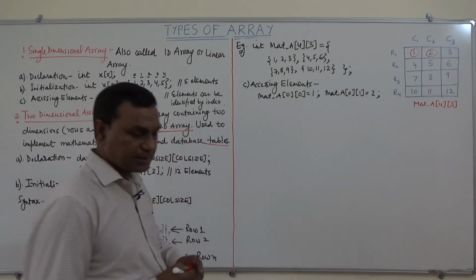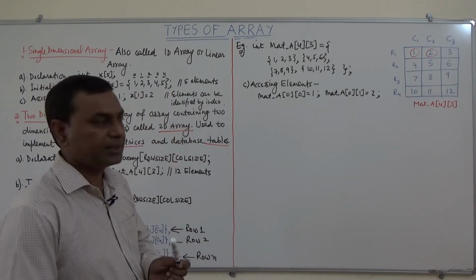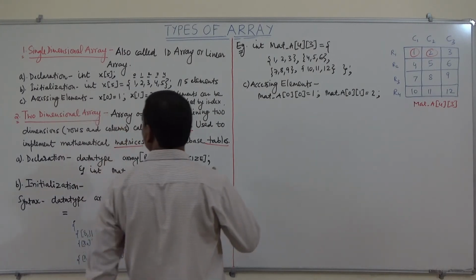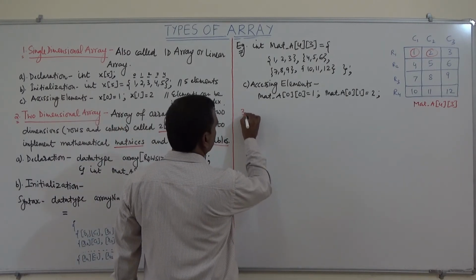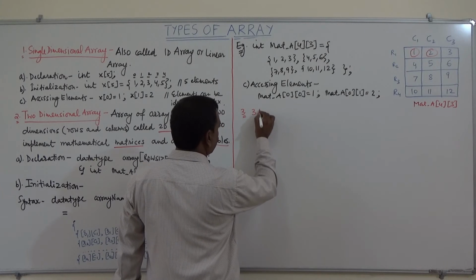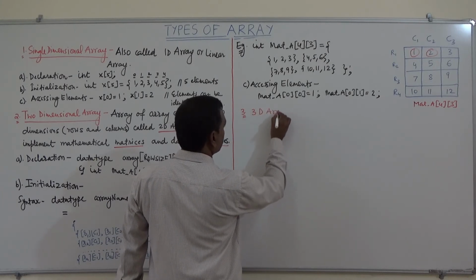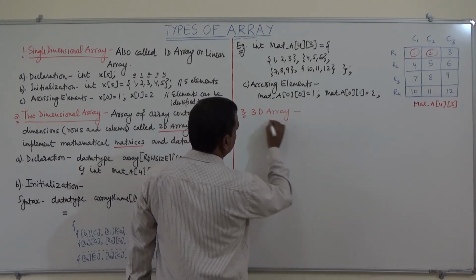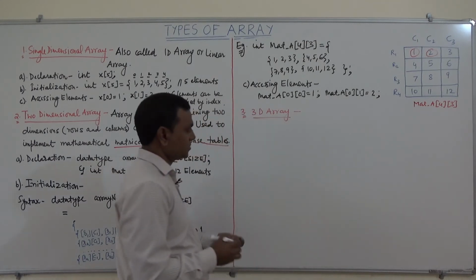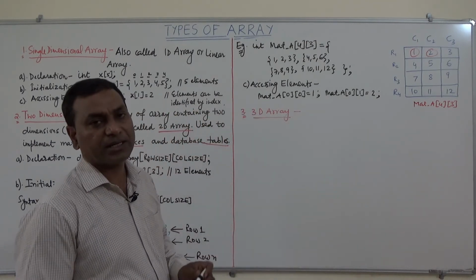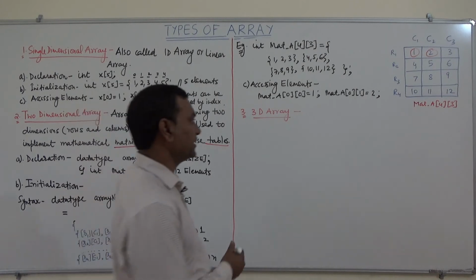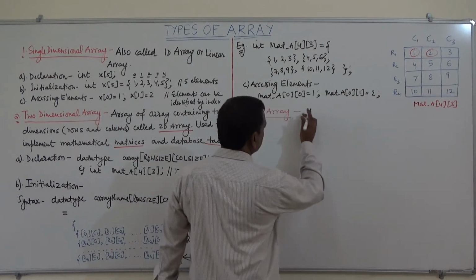Now we will see the third category of the array, that is the 3-dimensional array or 3D array. An array of array containing 3 dimensions is called 3D array.